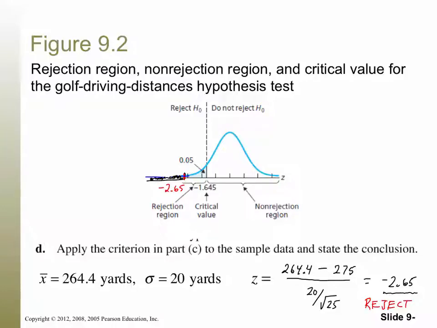doesn't it make sense to look at this significance level? Because yes, we crossed over into the rejection region, but we crossed so far over that, let's find that value right there. So what is alpha for z of negative 2.65? Can you find that?